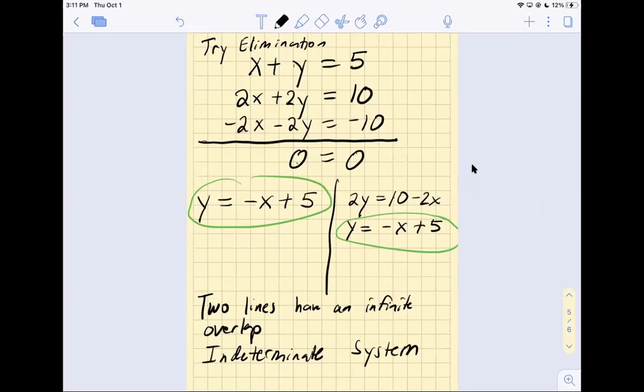Indeterminate means you can't determine the answer. Infinite solutions.